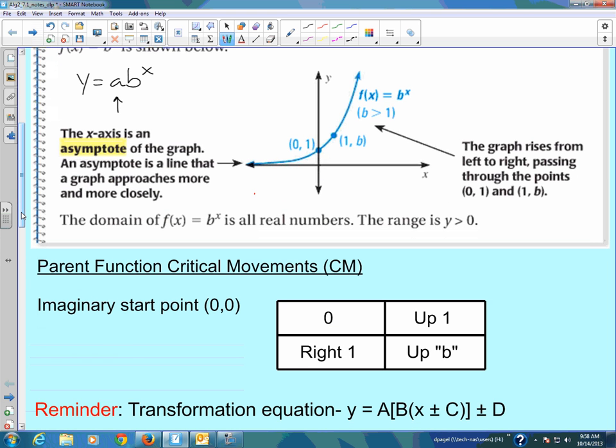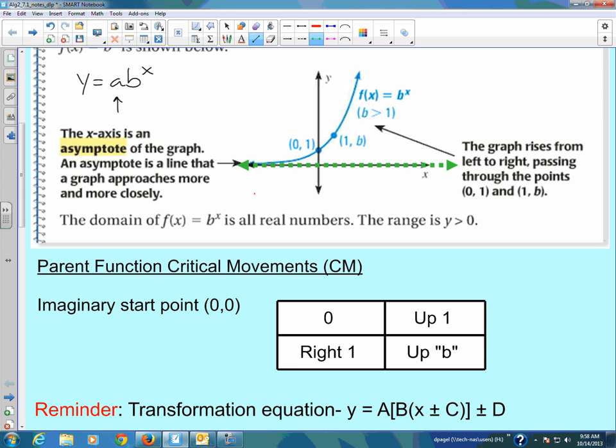All right. Within these functions, we are introduced to this new thing called an asymptote. An asymptote is a line, either vertical or horizontal, and in this case it's a horizontal line, that our graph will approach more and more closely. In some cases, as with horizontal asymptotes, your graph can actually punch through the asymptote but then reapproach it.